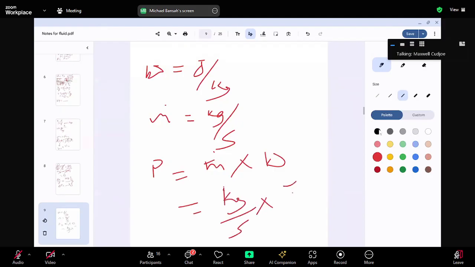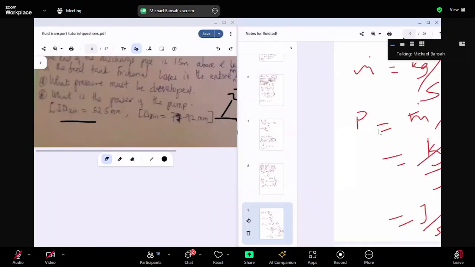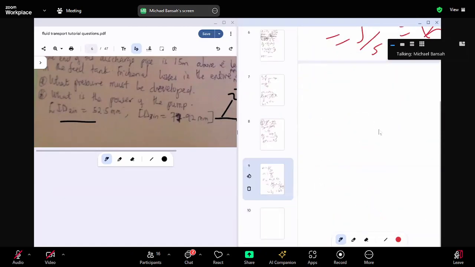These two cancel each other, and I get Joule per second, which is the same as watt. So if you have that, then I think we will be done solving that. That's the end of this very question.